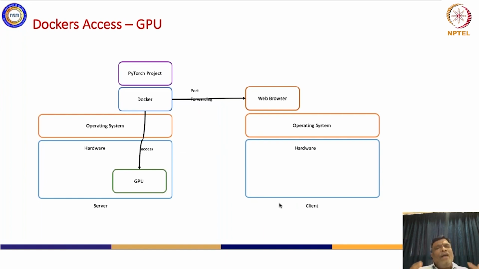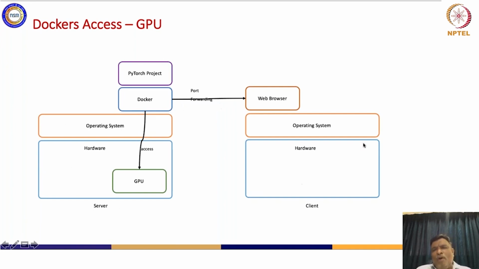And in case you have to have GPU access also, this is just a very, very basic diagram for people to understand that. Let us say this is a server wherein you have your Docker image running the project through the operating system and the hardware, and you have access to the GPU.